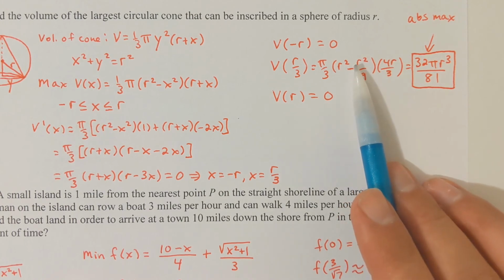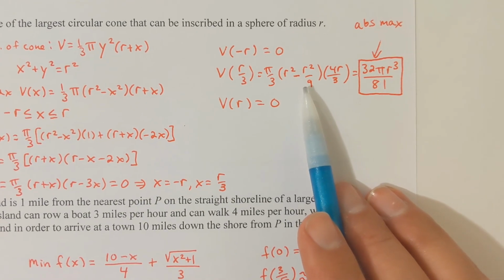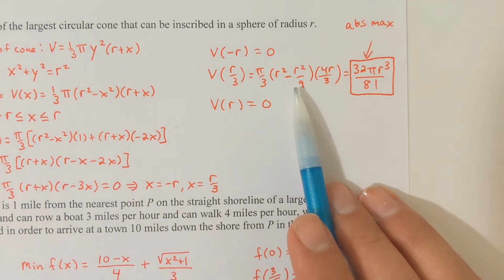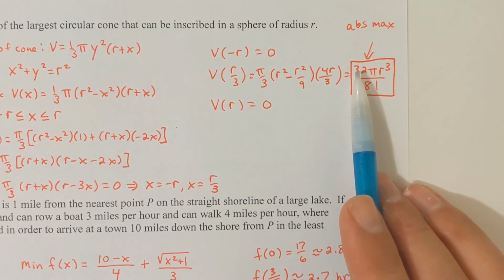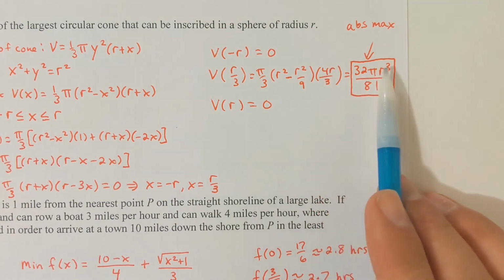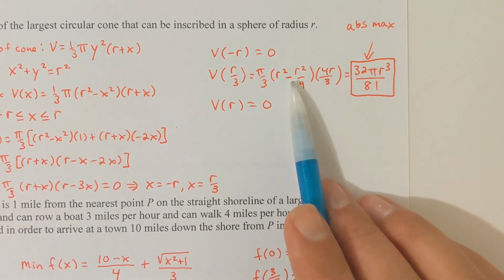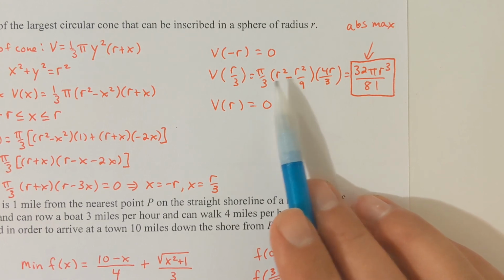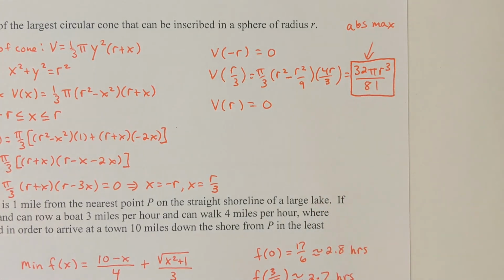R squared minus 1/9 r squared would be 8/9 r squared. And 8 times 4 is 32. I'll still have pi, and then r squared times r is r cubed. I mentioned this is 8/9 r squared, so you're going to have 9 in the denominator. Times 3 would give me 81 in the denominator.